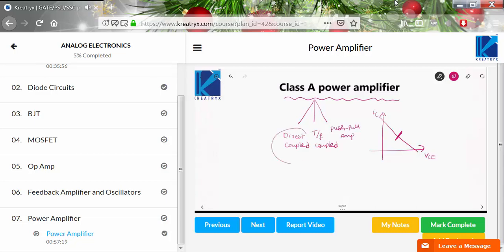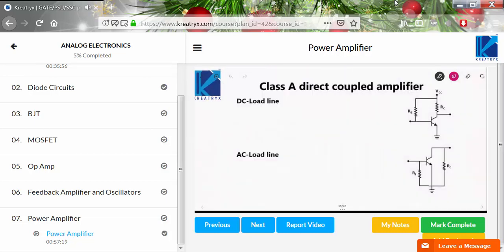Right. The first classification in class A, that is the class A direct coupled amplifier. This is the circuit of the class A direct coupled amplifier actually.